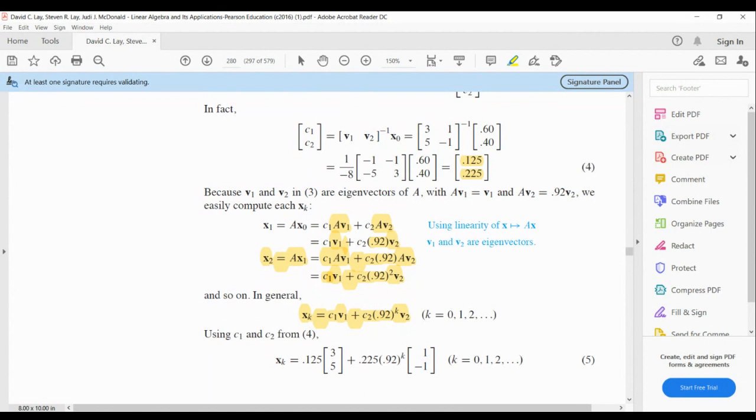Okay, now from equation 4, they put in C1 and C2.